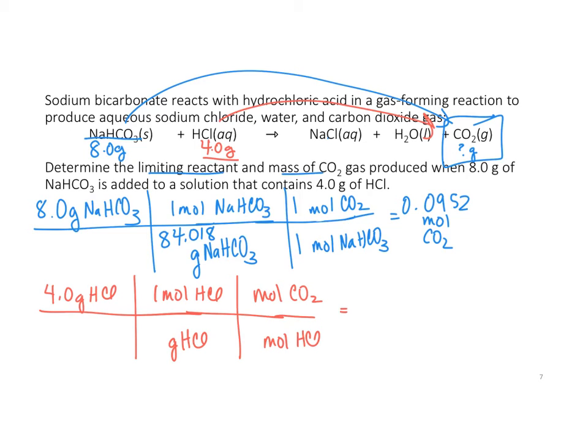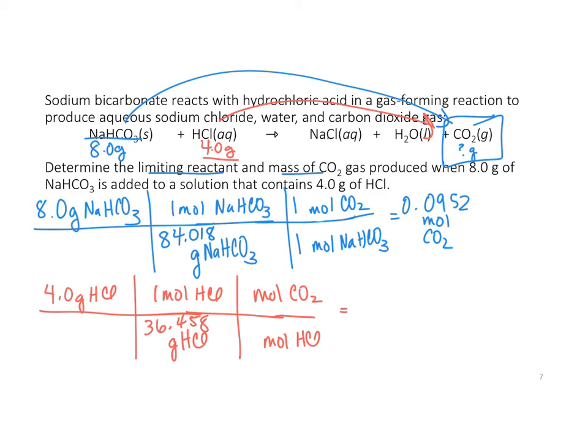And that's where we'll stop. The mass for HCl, 35.45 plus 1.008, 36.458 grams.